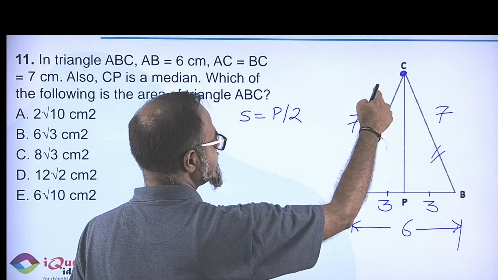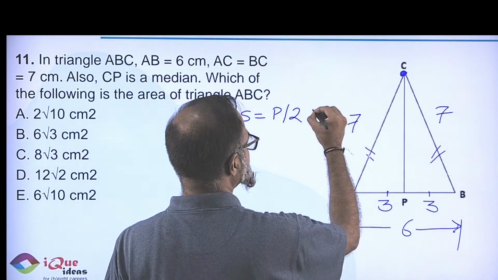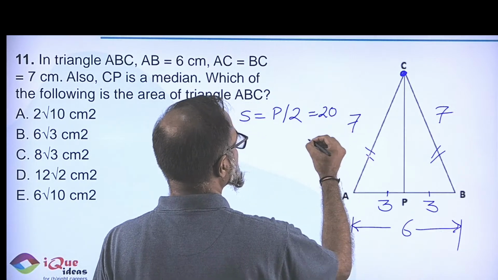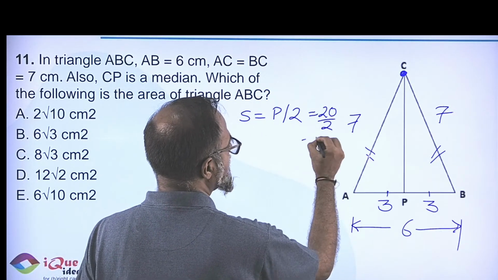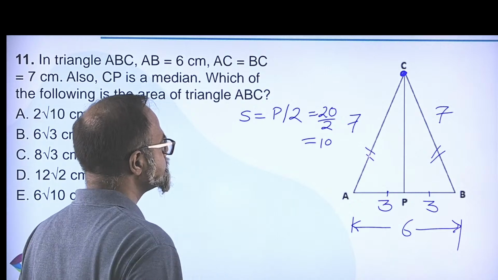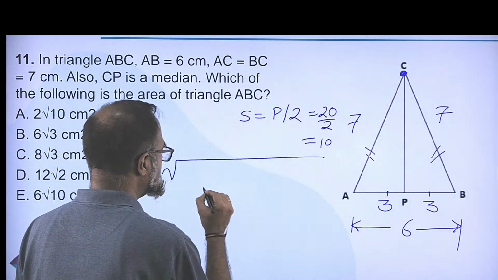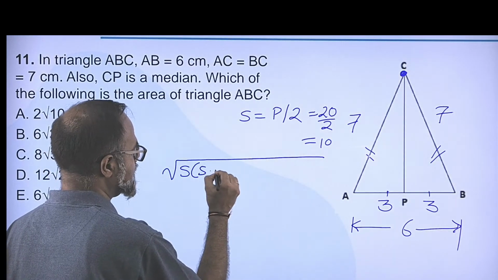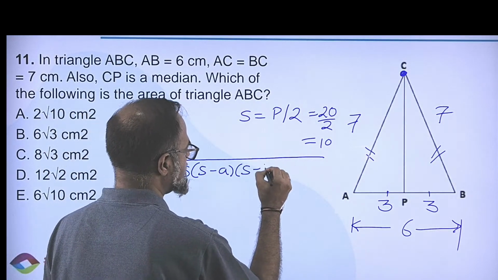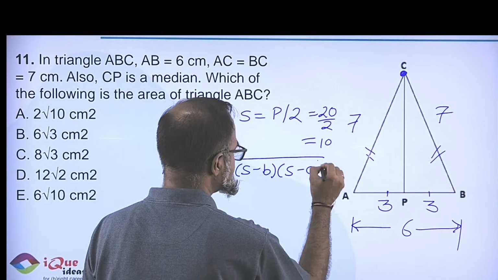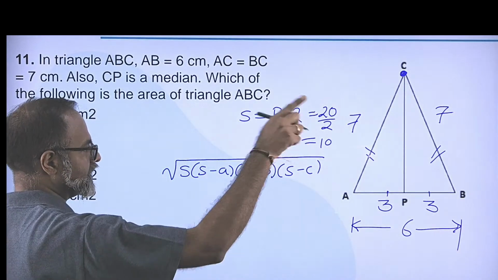So in this case, 7 plus 6 plus 7, which is equal to 20, right, by 2. So that is equal to 10 units. According to Heron's formula, the area of the triangle is root of S into S minus A into S minus B into S minus C. A, B, C are the 3 sides.